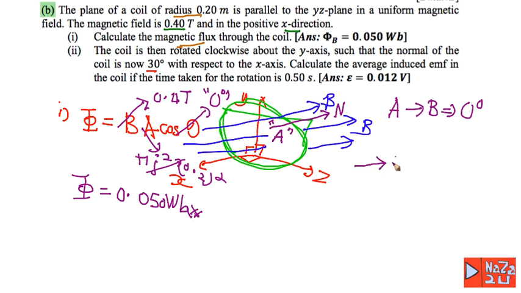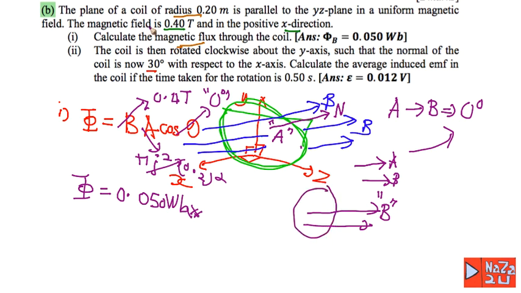At first, A and the magnetic field B were at 0 degrees. Now when it rotates about the y-axis, the magnetic field B is still the same along the x-axis, but the normal A of the coil is now at 30 degrees, according to question number 2.